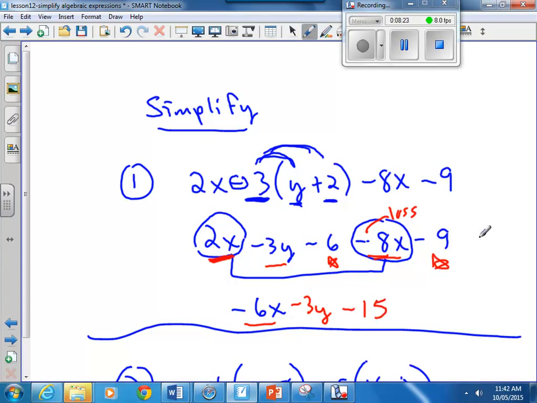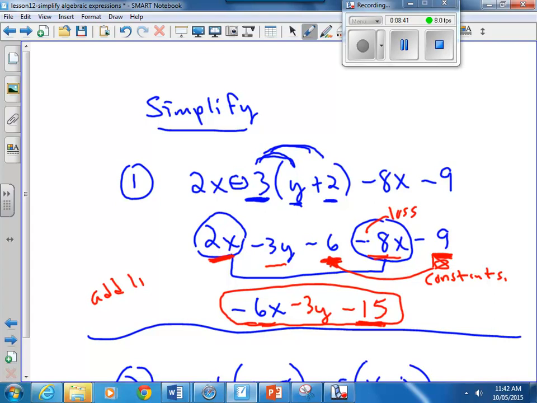So again, the constants, you can combine like terms there with the constants. And just do that mentally. If you've got a loss of 6 and a loss of 9, you've got an overall loss of 15. So nothing fancy there. So combine like terms really means add like terms, considering whether those terms are positive or negative.